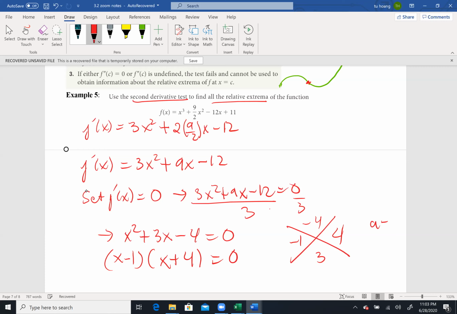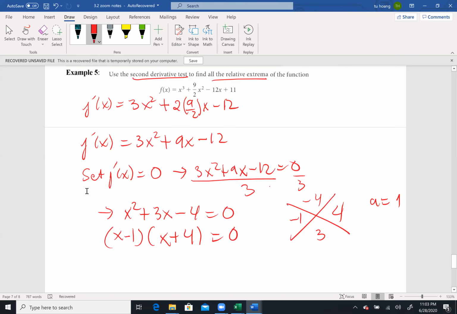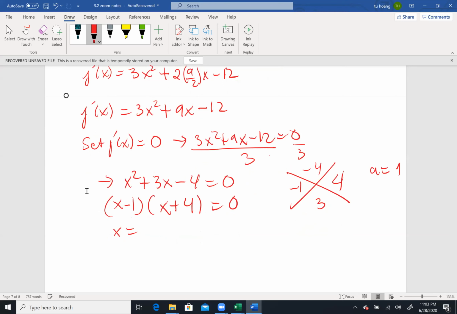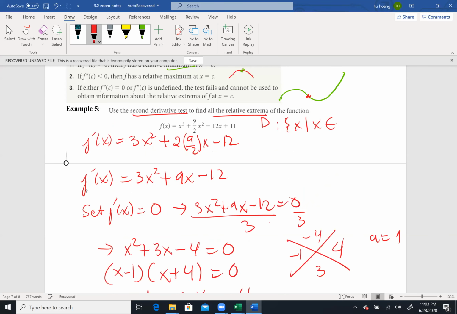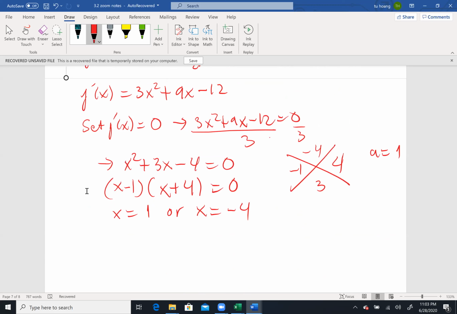Remember that in this case a equal to 1, so you can apply it right away. Okay, so I have x equal to 1 or x equal to -4 as the solutions for this. And looking back at the function domain, x belongs to all real numbers. So this is a polynomial, so both have to be critical values.